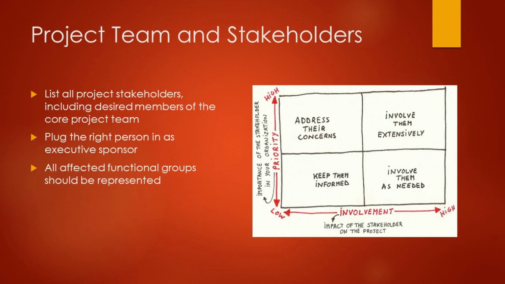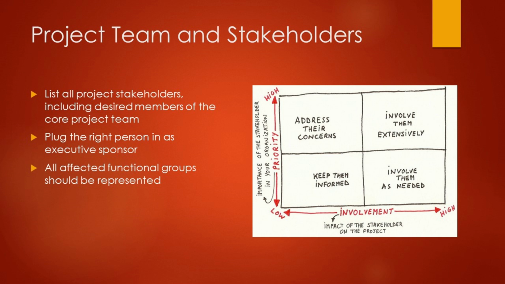Project team and stakeholders. You need to list all stakeholders and their associated roles in this project. At the top, you should have an executive sponsor who should be someone at a higher level in your organization who can serve as a champion for this project. You can generally slide the person who submitted the business case into this role if they are a more senior person in your organization.